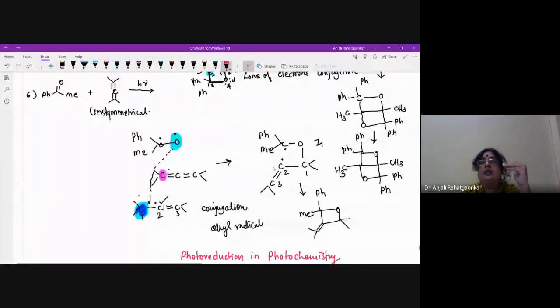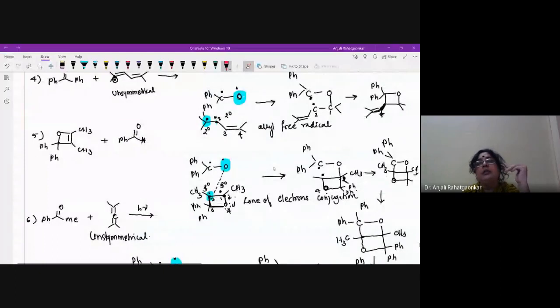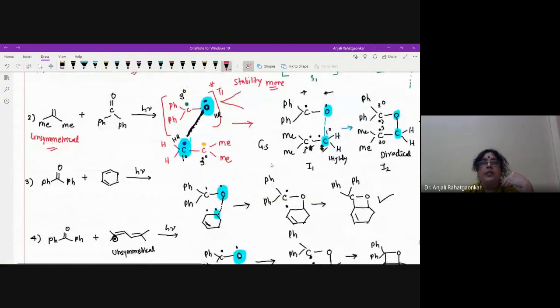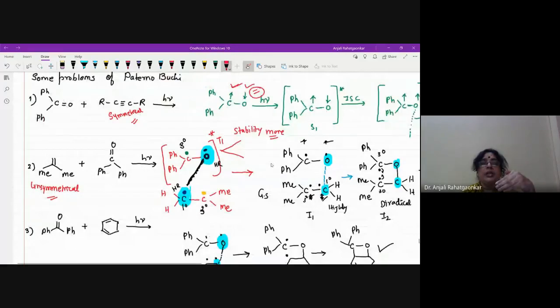the stability of the free radicals is very, very important over here. We have always seen that the reaction proceeds via formation of several intermediates. First intermediate, second intermediate.